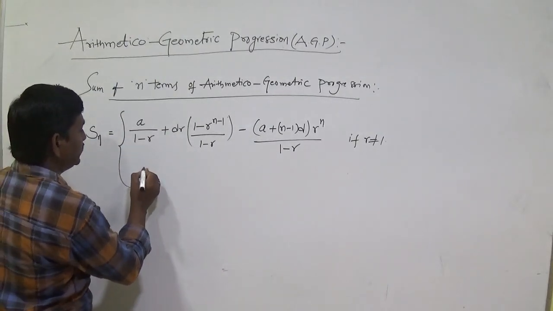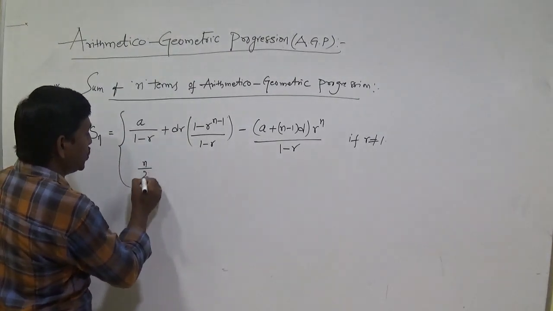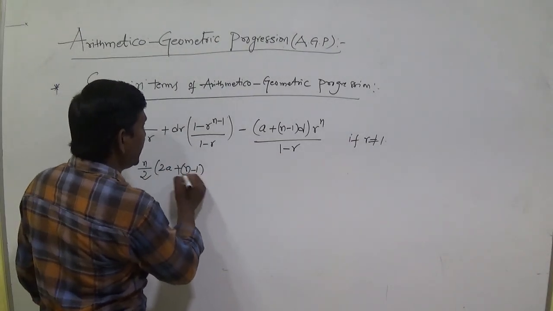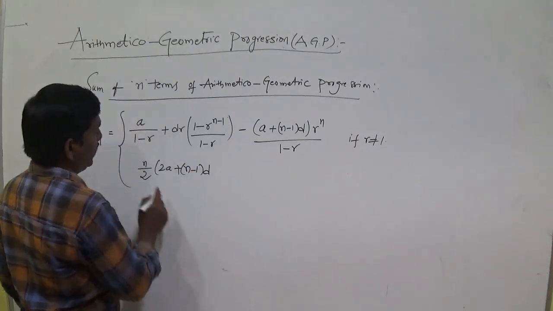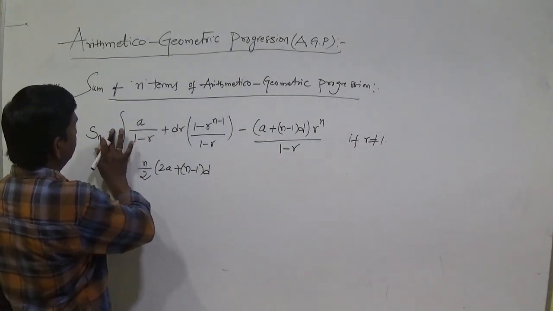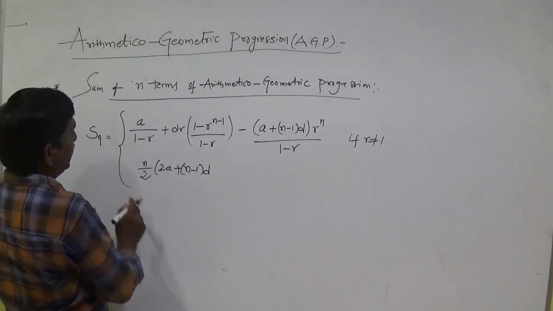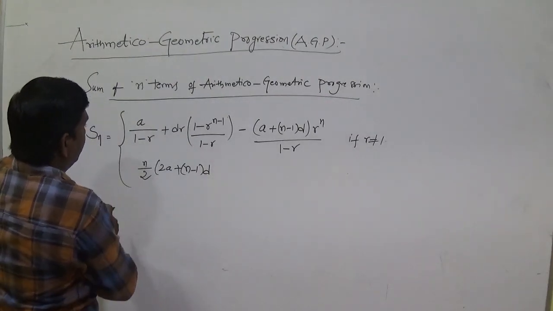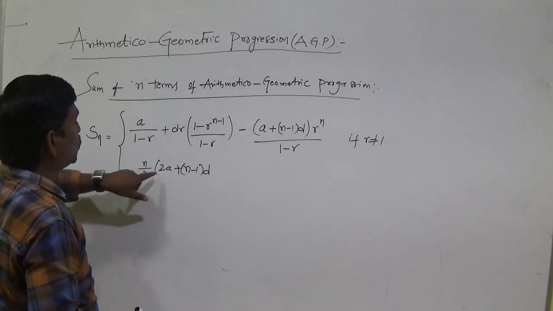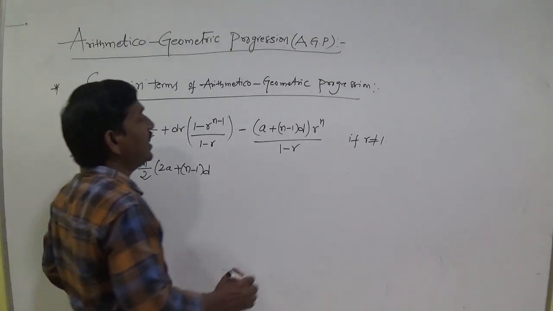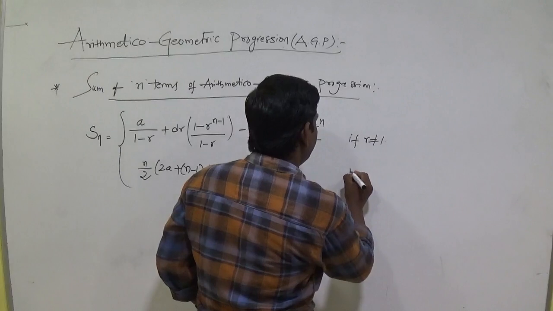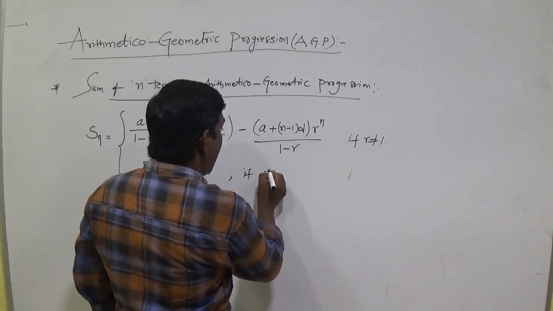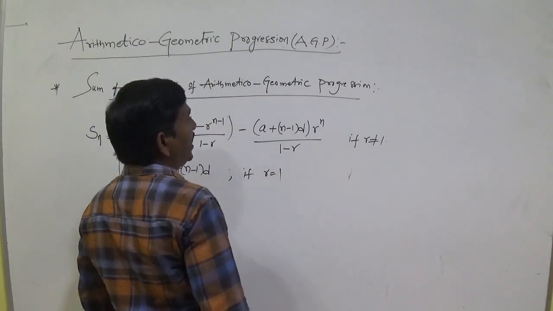And another one, n by 2 (2a plus (n minus 1) d). Another formula, Sn equal to, both formulas, this is one, this is another formula. n by 2 (2a plus (n minus 1) d) if r equal to 1.